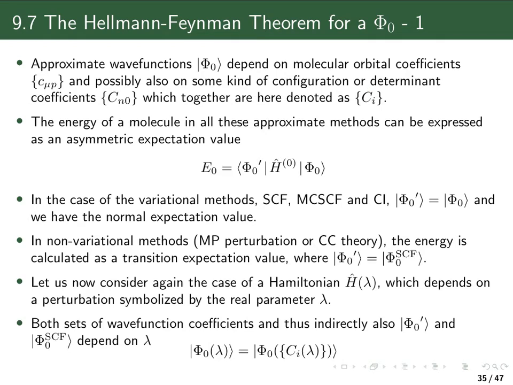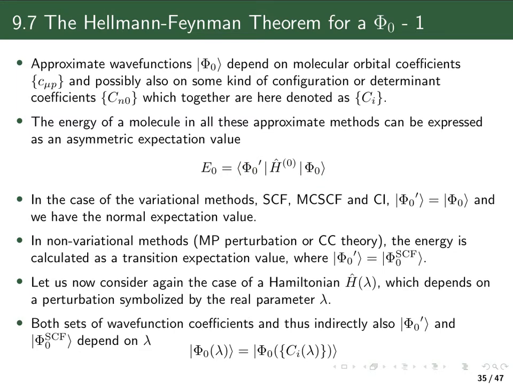Now, the energy of all the approximate methods we have discussed can be expressed or calculated as an asymmetric expectation value, where I possibly have different wave functions in the bra and the ket.